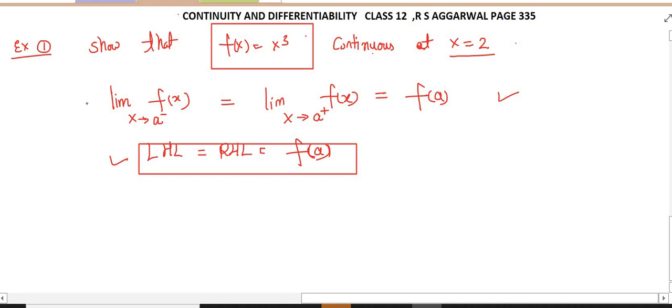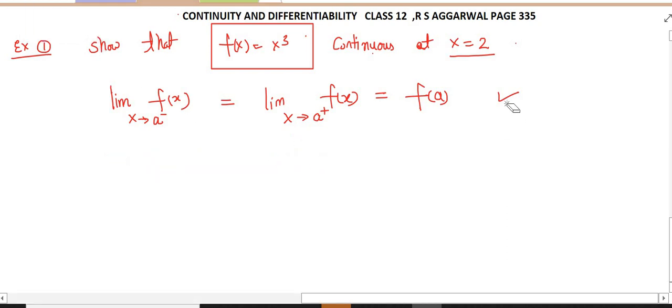So if these three things are equal, the left hand limit, right hand limit, and the function value, then we say the function is continuous. Okay, so we will check one by one.